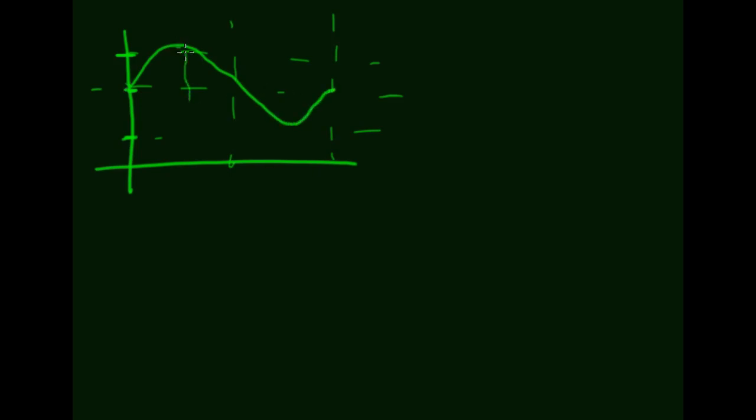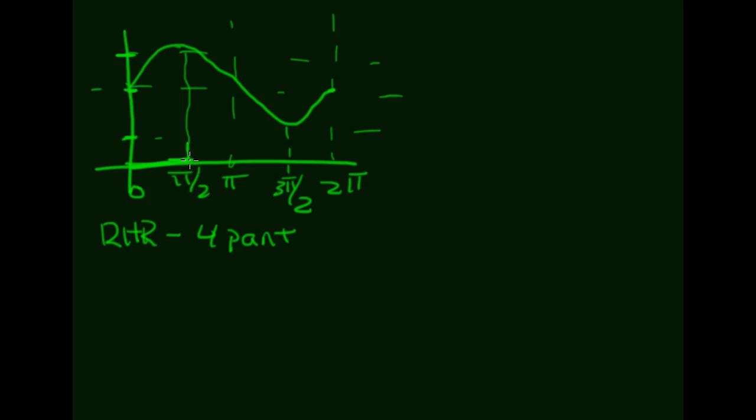We're going to do right-hand Riemann sum estimation, again with 4 partitions. We're going to go from 0 to 2 pi. This is pi over 2, pi, 3 pi over 2. Now instead of using the left-hand point of each interval, we're going to use the right-hand point. So if I go all the way up here to the right-hand point, cut over, I'm going to use that rectangle to estimate.